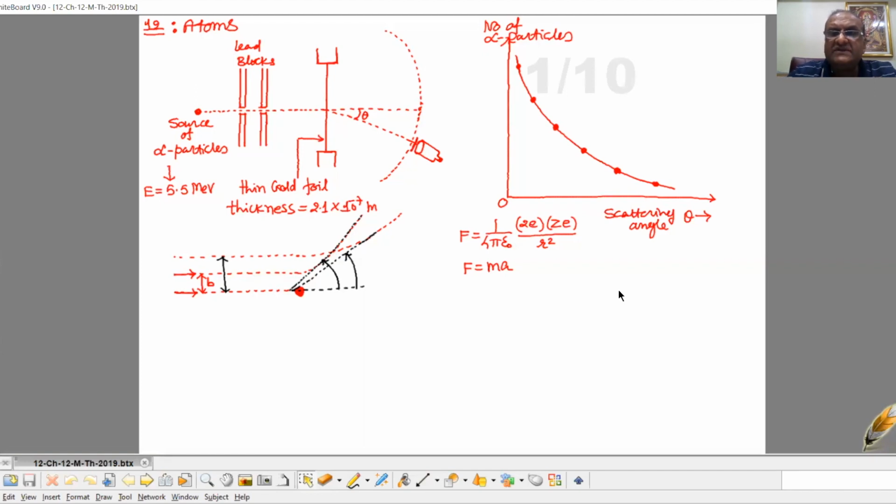So he proved this thing: the negatively charged particles, which he named electrons, are present in the atom. But it was already established that the atom is electrically neutral.